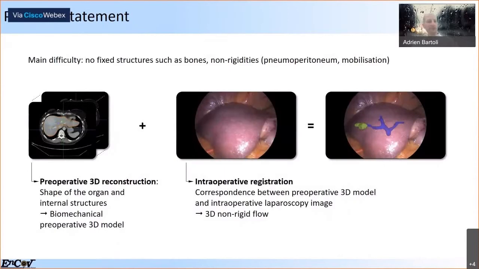Loosely speaking, this is the equation that we have to solve: the CT merged with the intraoperative image to make a new intraoperative image augmented with internal structures like these two tumors in yellow here on the left and the vascular structures, which of course the surgeon has to spare during incision.